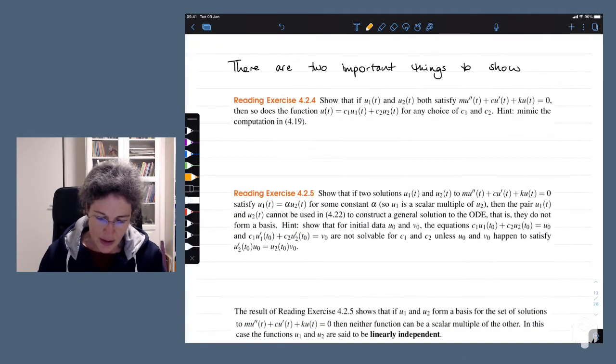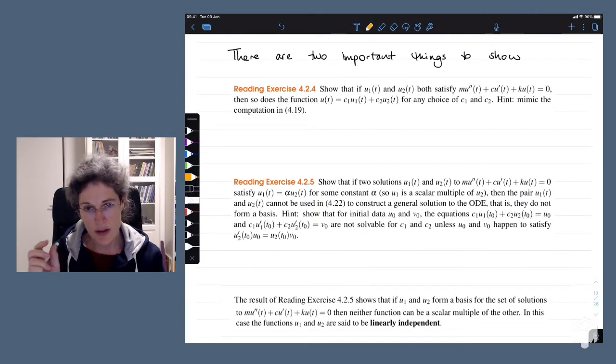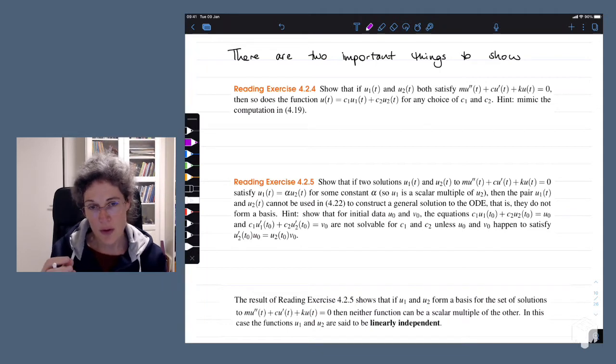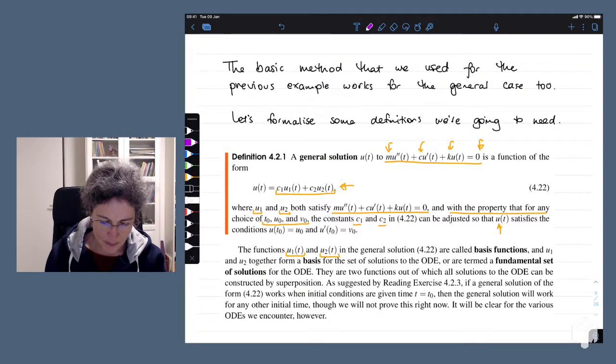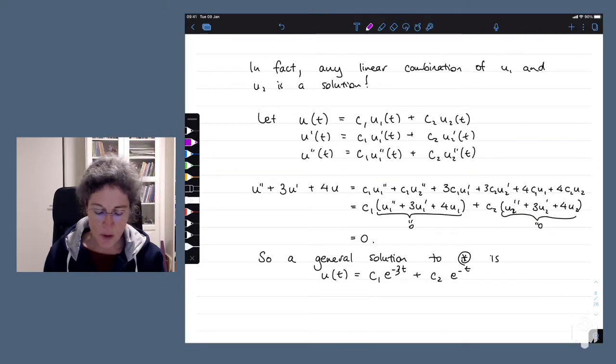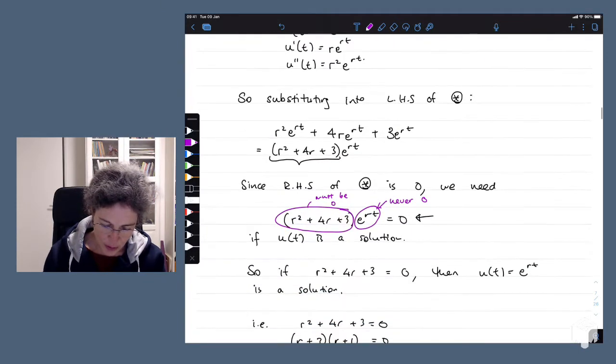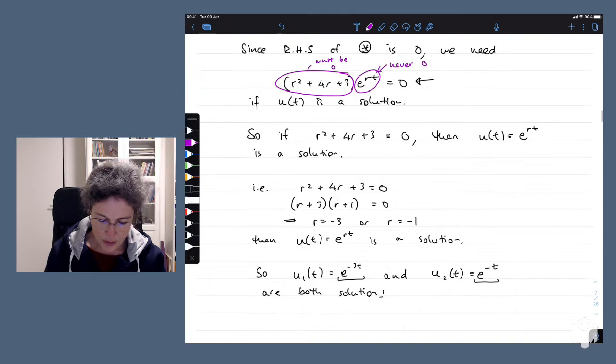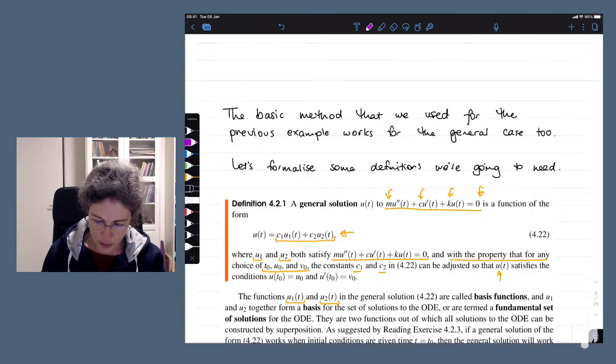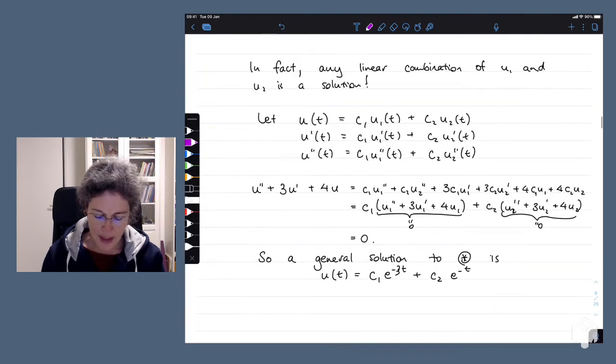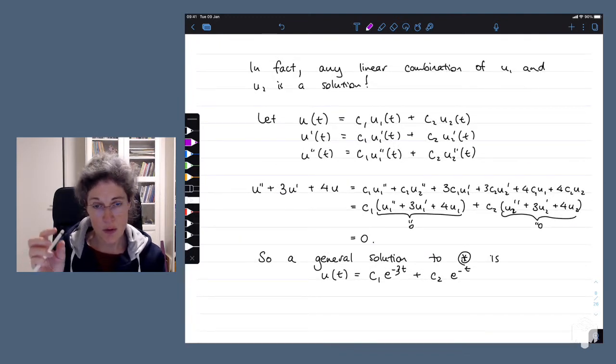Okay, there are two important things that we need to think about before we can dive into practical applications. So the first thing to do is a generalization of the specific case we showed before, where we found two solutions, and then we showed over here that any linear combination was also a solution.